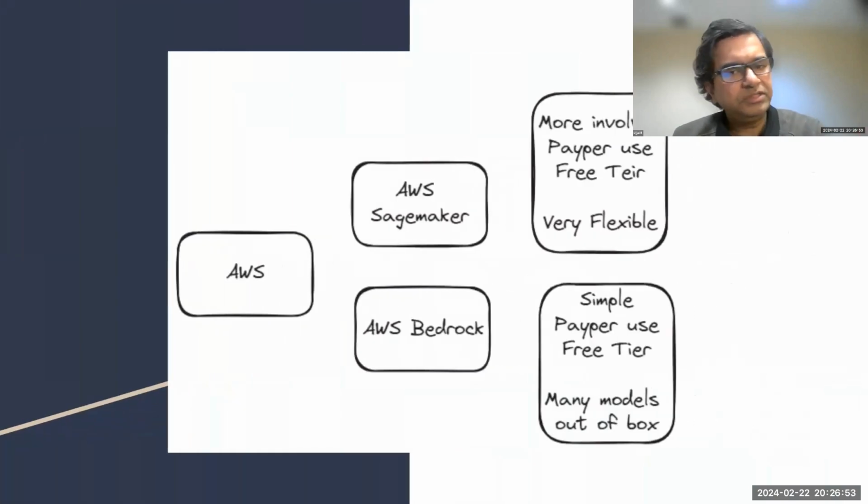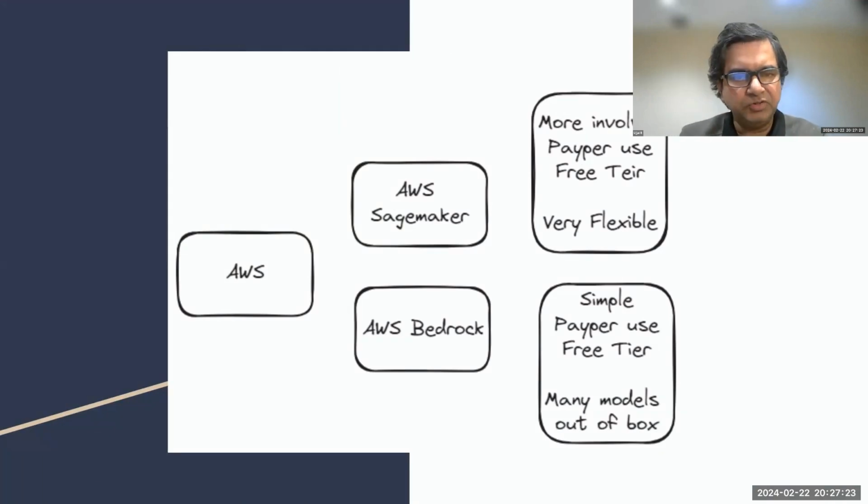So within SageMaker and Bedrock, of course, I think the easiest one is to go with Bedrock because they have done all the hard work. They have created this whole platform, and then we just choose the model that we want to use and start using it. They've also given a nice playground where I can chat with the models and see what kind of outcome I'm getting.